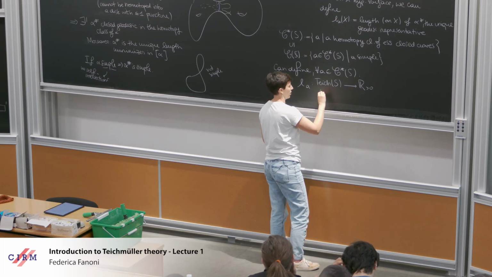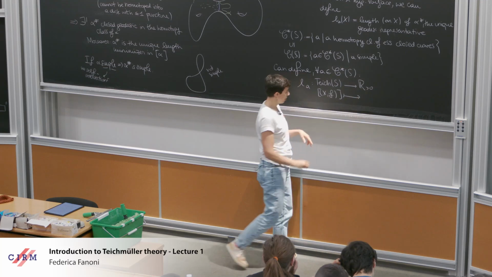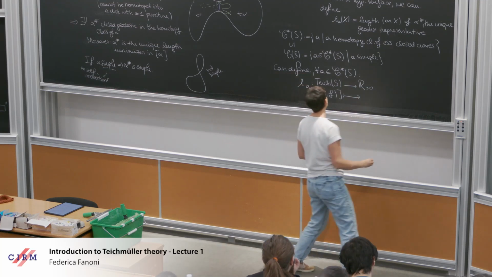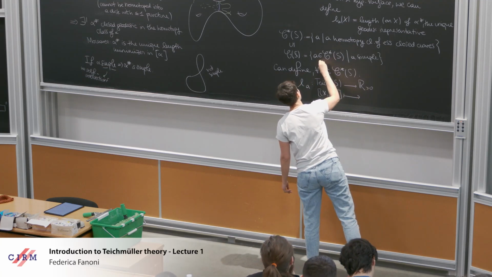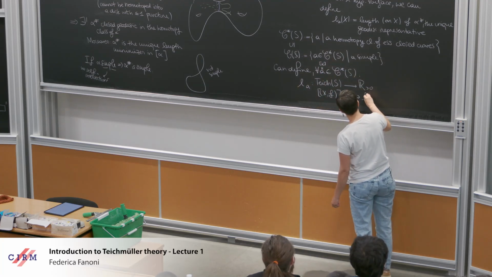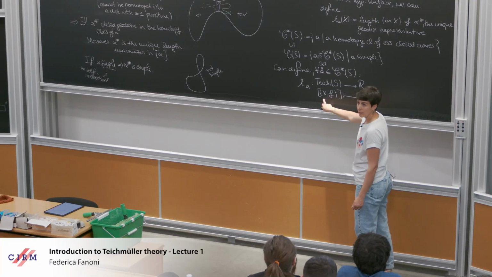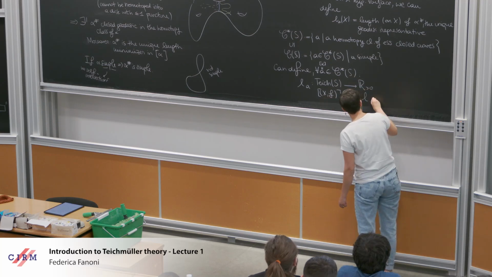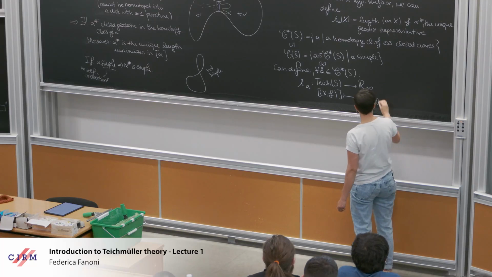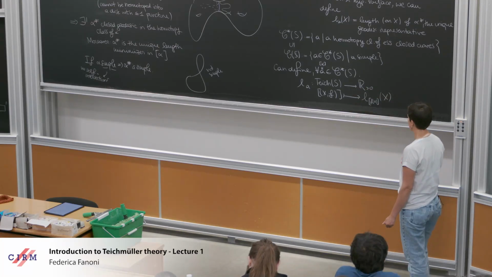I pick the class of X, F, just for simplicity, let's say this is the class of some curve alpha. Then I need a curve on X. There's an obvious way of getting a curve on X starting from a curve on S, which is F of alpha. So I take the class of F of alpha, and I look at its length on X.